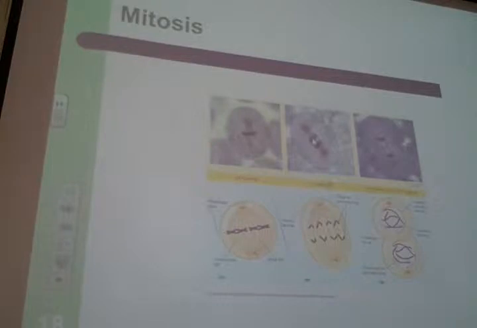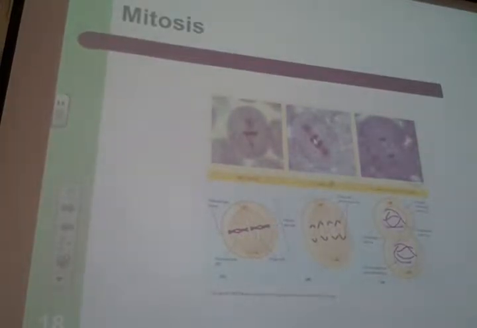Chromosomes align at the center. They're going to line up individually. So we have 4 chromosomes here. Each one lines up individually.